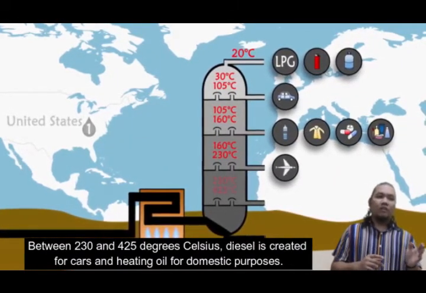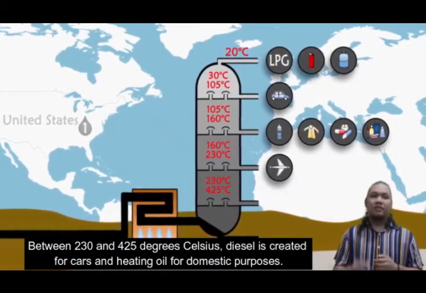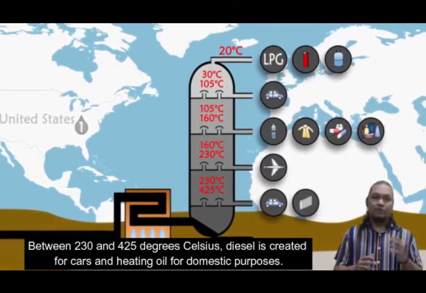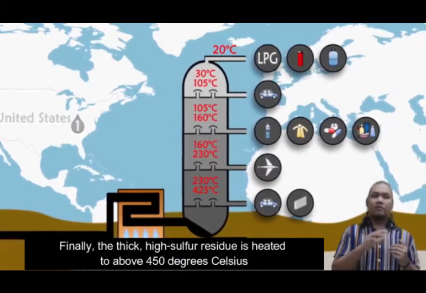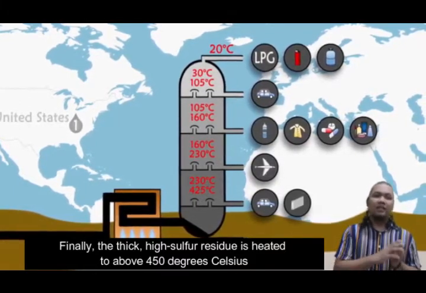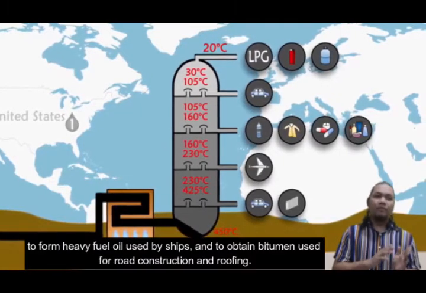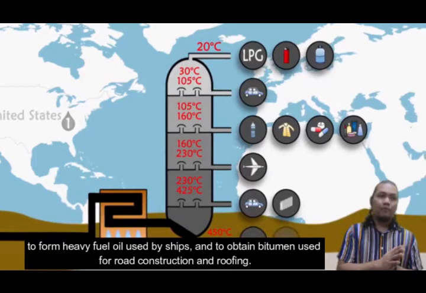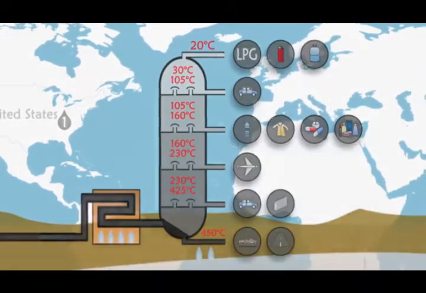Between 230 and 425 degrees Celsius, diesel is created for cars and heating oil for domestic purposes. Finally, the thick high-sulfur residue is heated above 450 degrees Celsius to form heavy fuel oil used by ships and to obtain bitumen used for road construction and roofing.